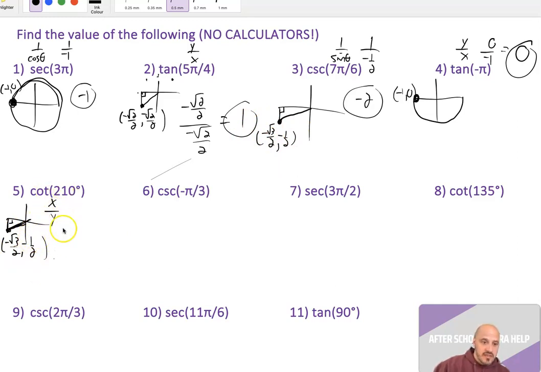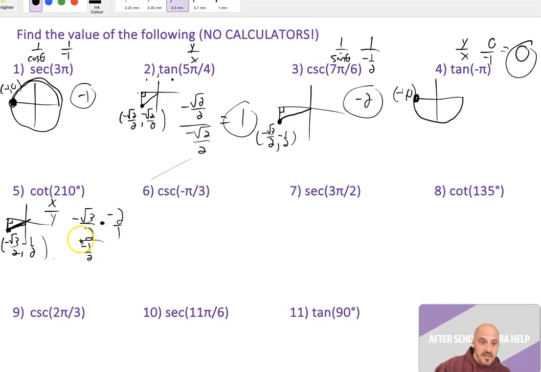So I take my x value, which is negative root 3 over 2, and my y value, which is negative a half. I have this ugly thing, so we need to simplify. Dividing by negative a half really means multiplying by negative 2 over 1.